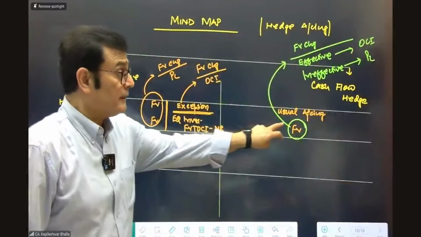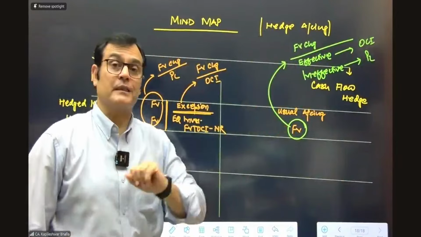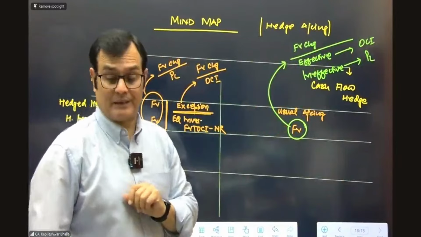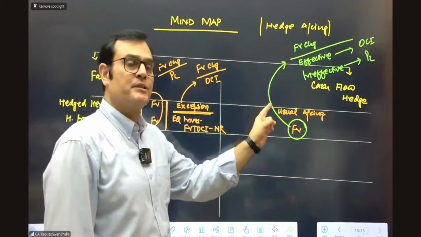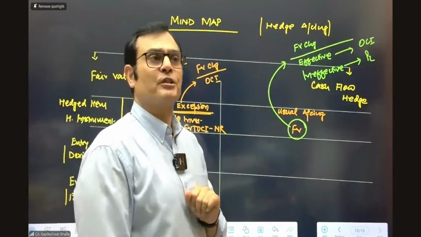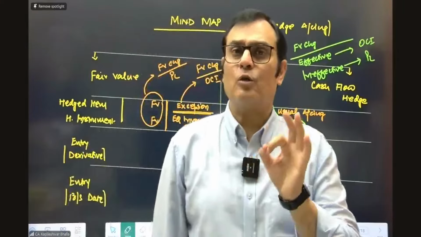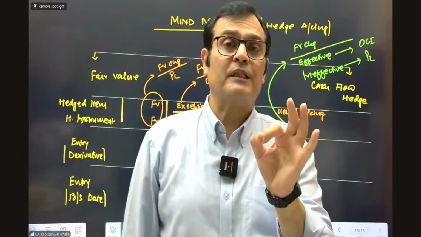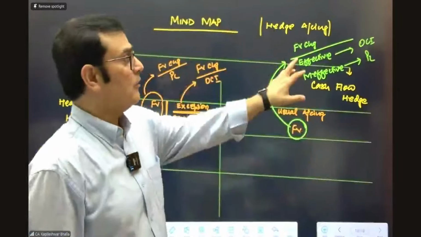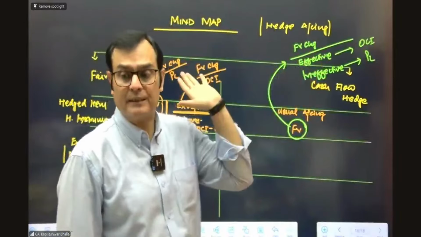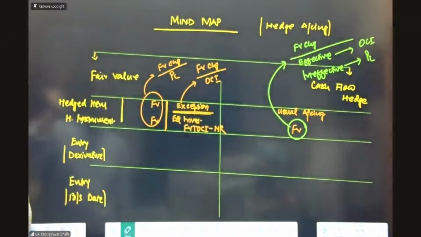So you need to remember that in this case, the fair value changes are split between the effective and ineffective portions by making comparisons. The fair value change of the hedged item is compared with the fair value changes of the hedging instrument, and then accordingly you decide the effective and ineffective portions, and they are taken in the OCI and the P&L. Let's now go to entries.